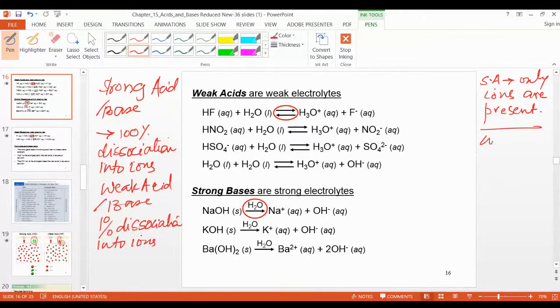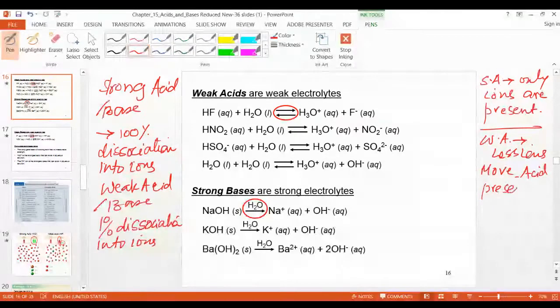But in a weak acid, you will get fewer ions and more acid is present in the reaction. It means that it is reversible, it is an equilibrium. So this is the reversible sign. This is only 1% dissociation.